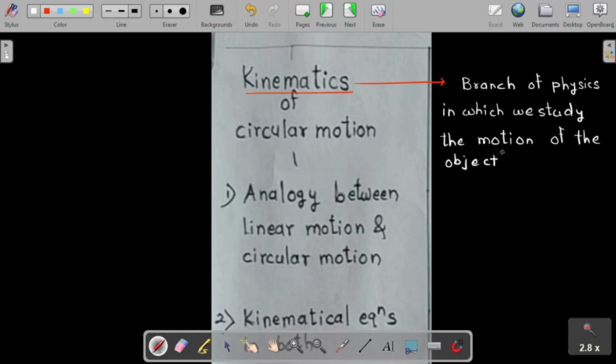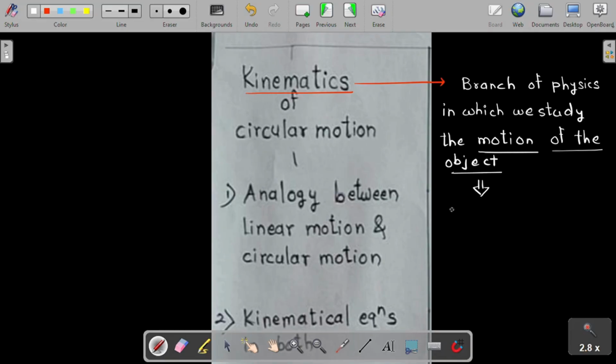Now what do you study in the motion? I hope already you know it. Motion of the object, which includes the following certain physical quantities which help us to study or to describe the exact motion of that object, of that person, of anything.